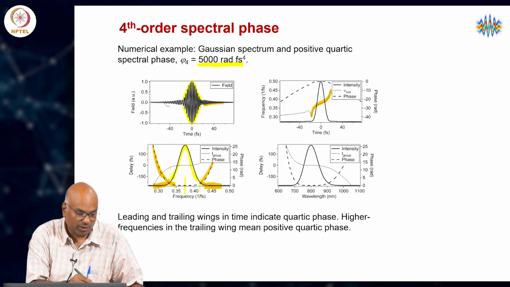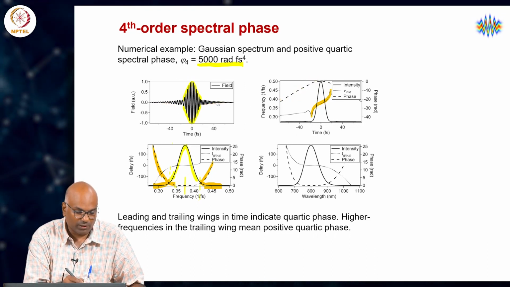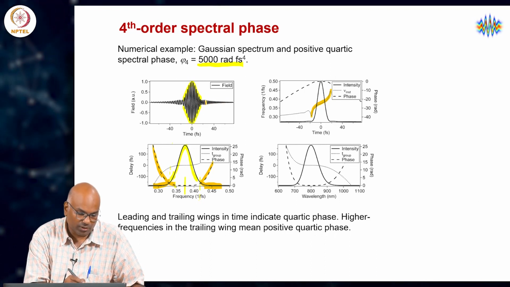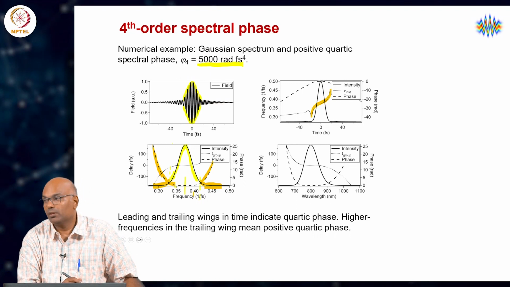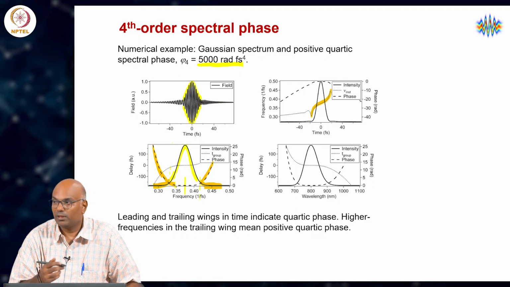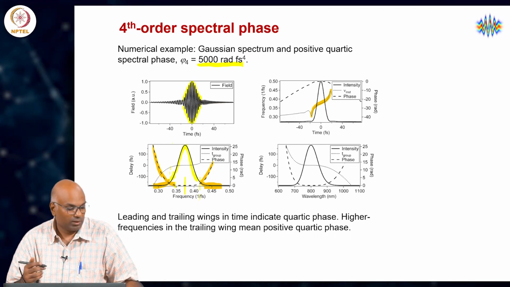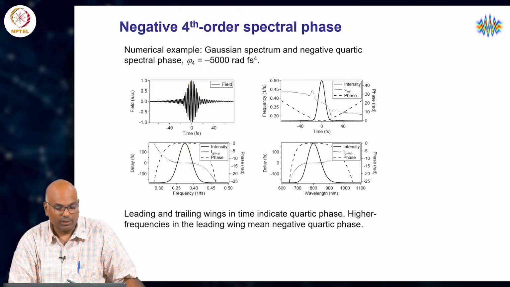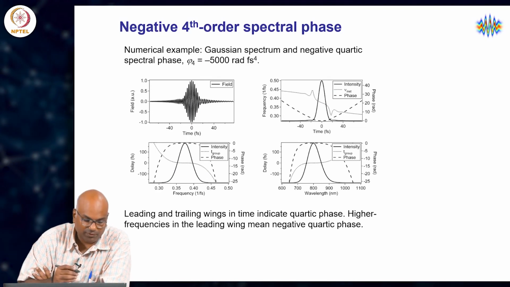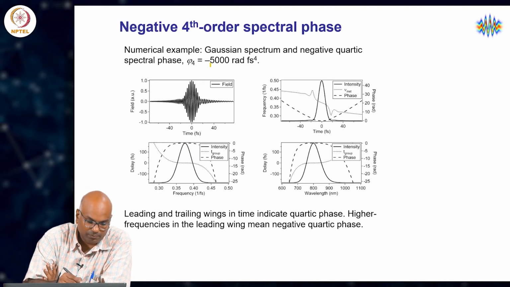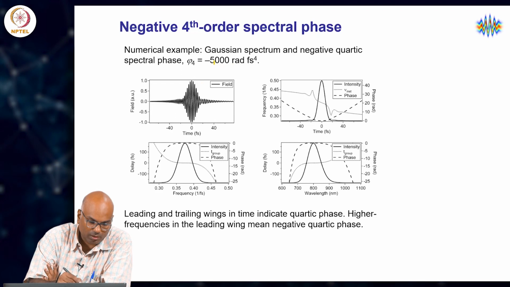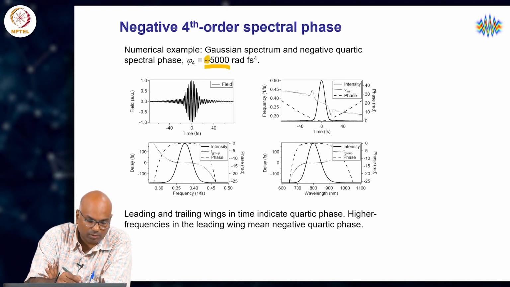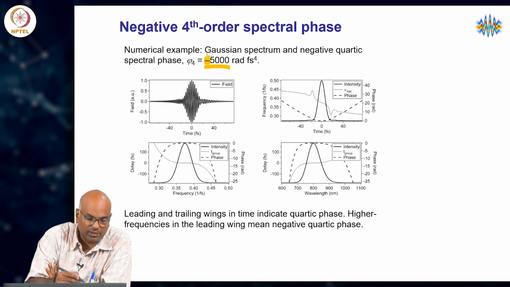You can view this as a Gaussian pulse with a quartic distortion, I mean a wing which is a distortion owing to the quartic phase. That is what I meant by saying we can view these terms as terms that distort the ideal pulse. Quite similar is the case of the negative value for phi 0.